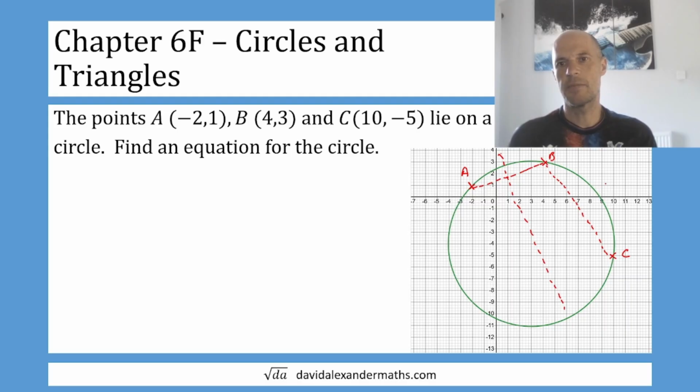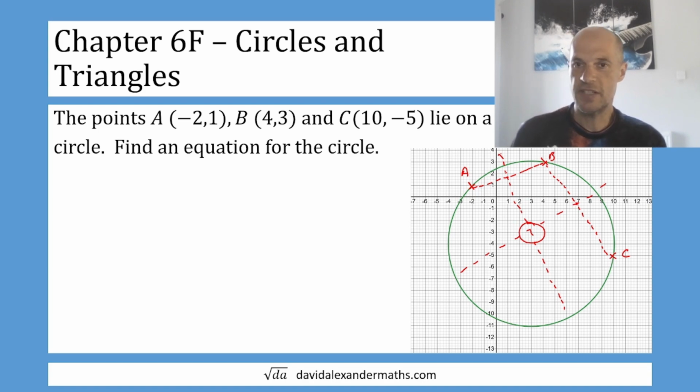The perpendicular bisectors of these chords meet in the centre of the circle. I've not drawn it massively accurately, but that's the key bit of knowledge. If you have two chords, their perpendicular bisectors meet at the circle's centre.